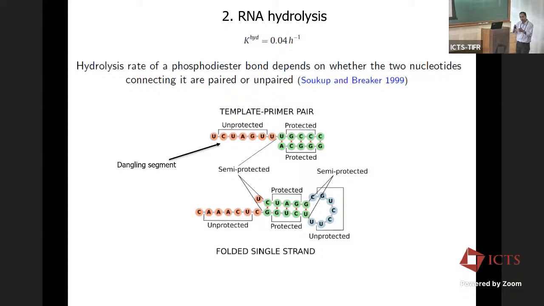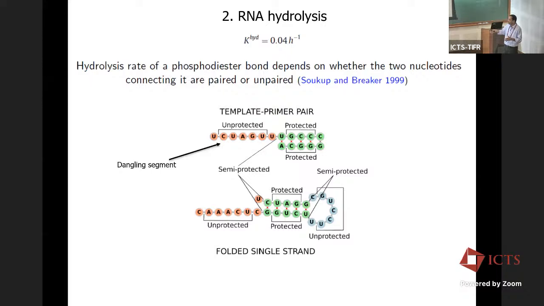So there are two competing processes at work here: template-directed primer extension, and increase in polymer length by concatenation. Both lead to long polymers, whereas the antagonistic process is the hydrolysis process, which tends to break up these long polymers into shorter chains.